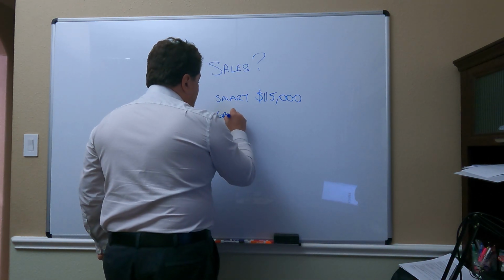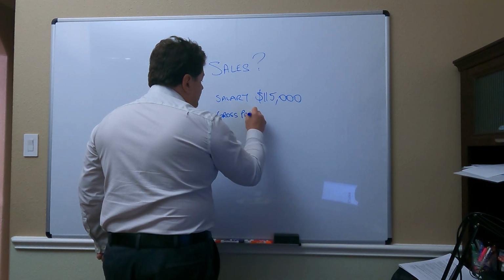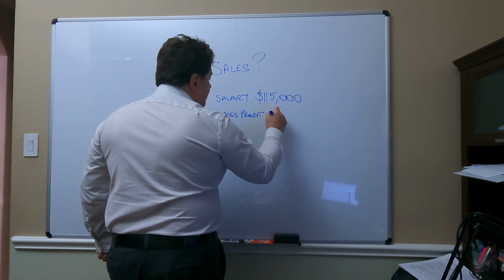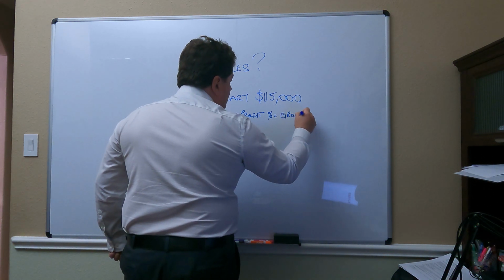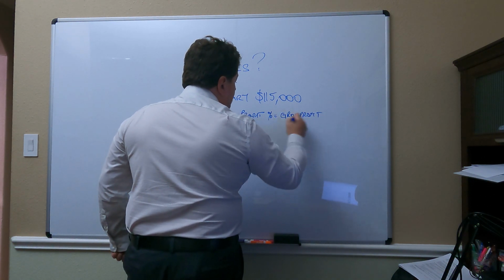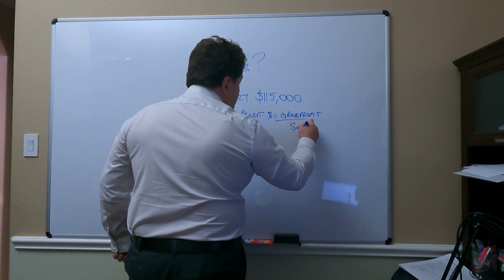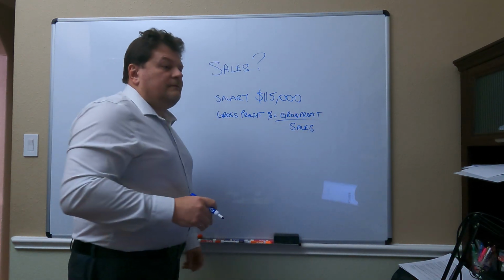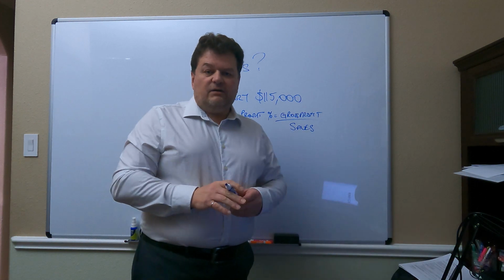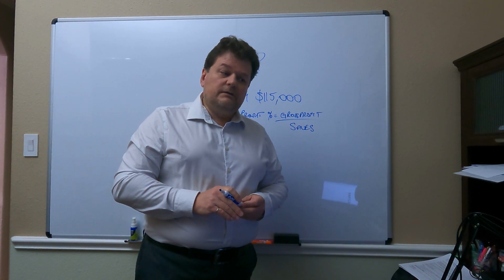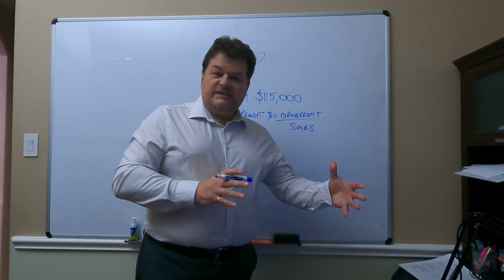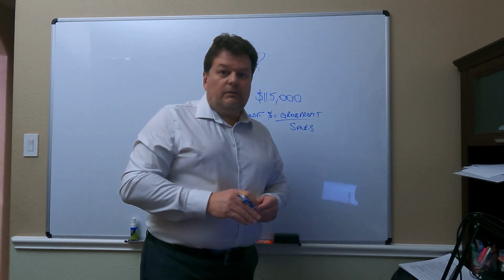Our gross profit percentage is equal to our gross profit divided by sales, our annual sales. You can take that over the last 12 months, or over the last full fiscal year. The most recent is more accurate.